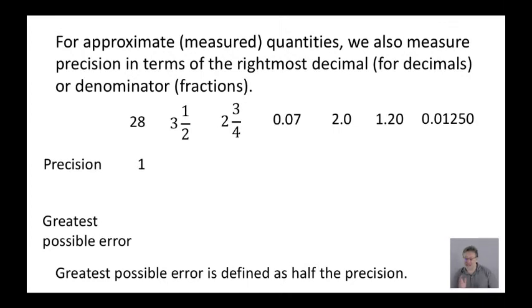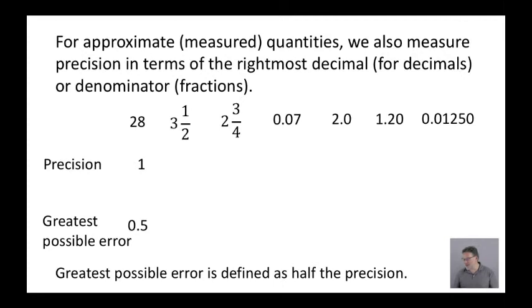So 27 and a half all the way over to 28 and a half, which means that around this center of 28 there might be some give, and that give would be half of an inch in this direction and half of an inch in the other direction, either or. So the greatest possible error is actually half of the precision, not 1 inch, but 1/2 of an inch.